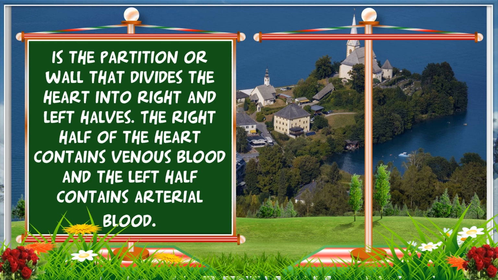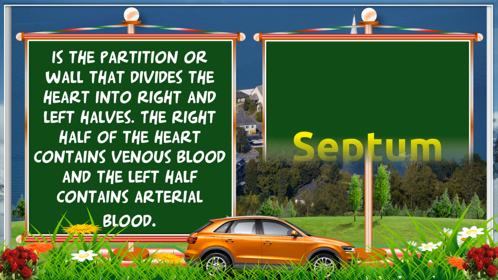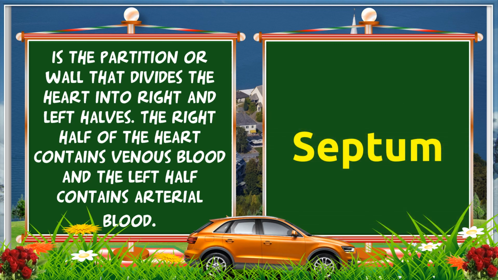Is the partition or wall that divides the heart into right and left halves. The right half of the heart contains venous blood, and the left half contains arterial blood. Septum.